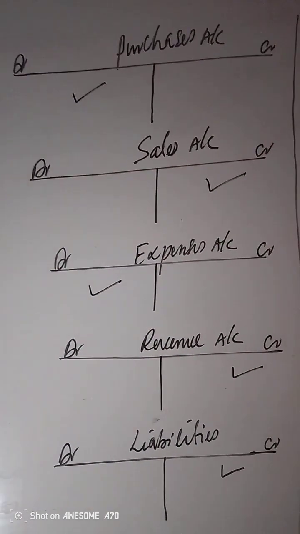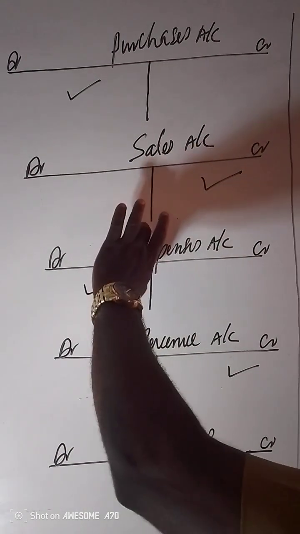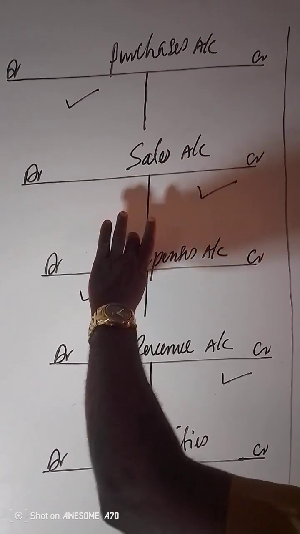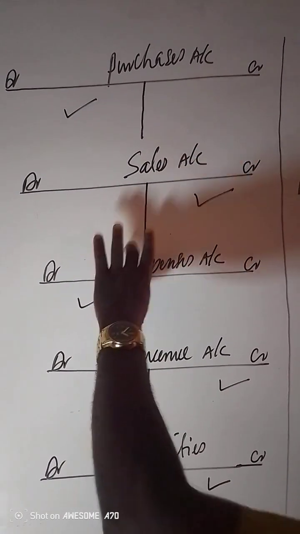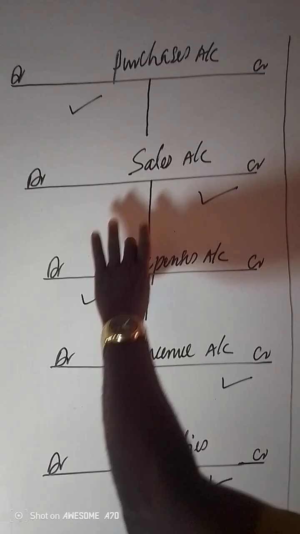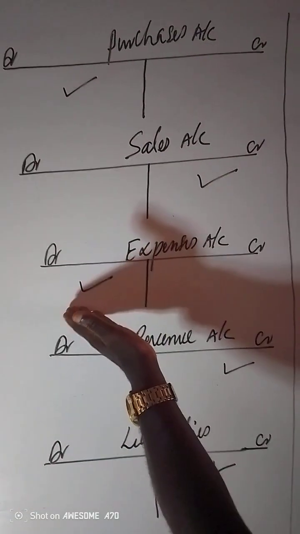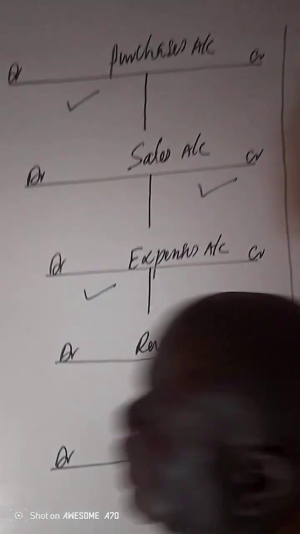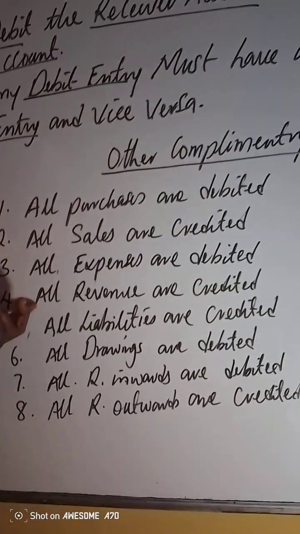If an expense has been paid, make sure that when you open the expense account, whether rent, insurance, electricity, wages, printing or stationery, you post it on the debit side and you'll be 100% correct.